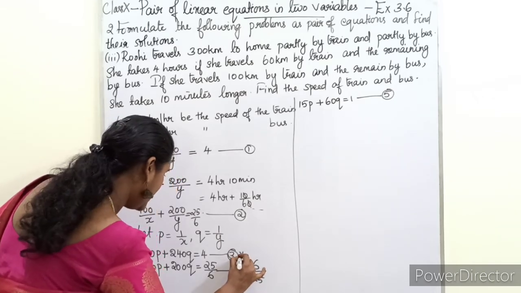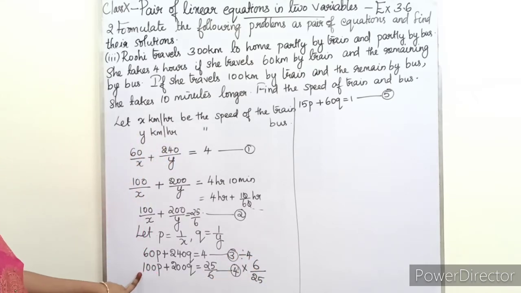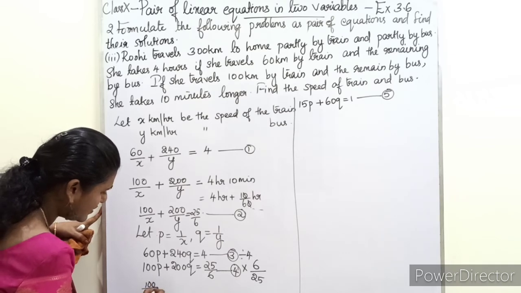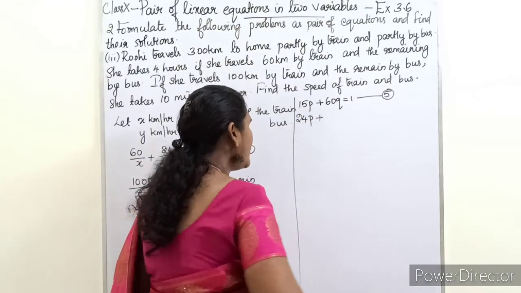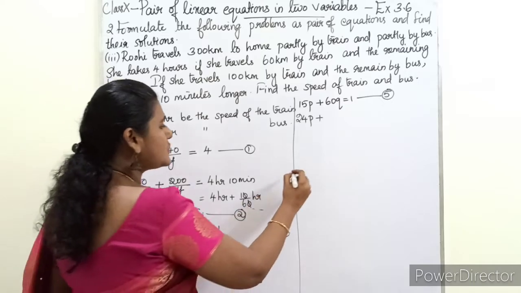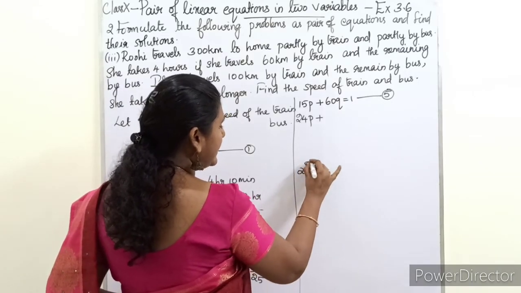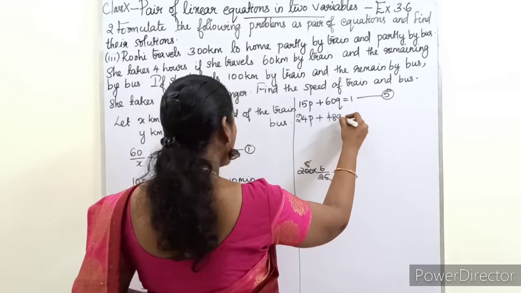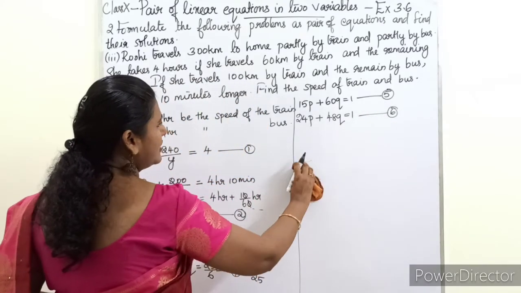So 100 by 25 is 4, 4 6s are 24p, so you will get the first term as 24p, and the second term is 200 into 6 by 25. Here 25 8 times, so 8 into 6 is 48q is equal to 1. So we got the sixth equation.